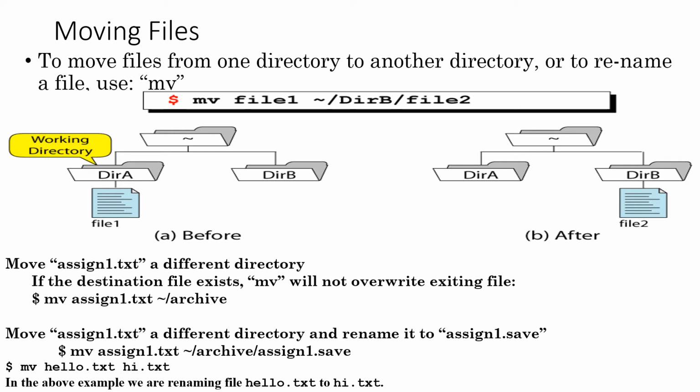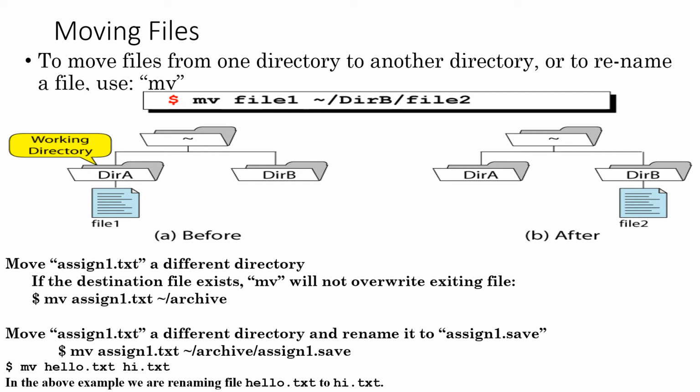file 2. In directory A, file 1 is there, which is the current working directory. Then you want to move file 1 to directory B as file 2.